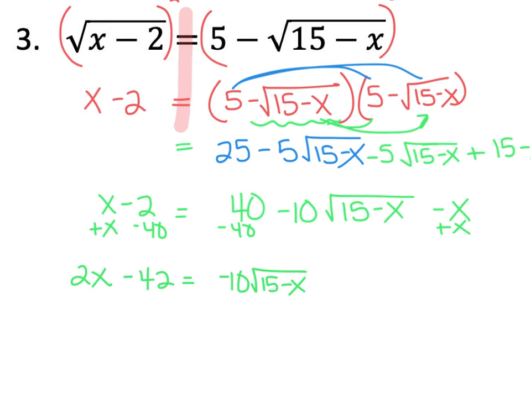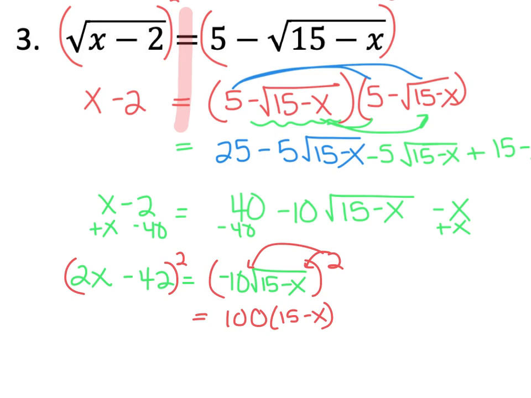Okay, so I have the radicand on the right isolated, so what I'm going to do is I'm now going to square both sides once again. So the second time I'm squaring both sides. And this would produce on the right, this is all held by multiplication, so it's like I'm squaring negative 10 and I'm squaring the radicand, which would produce positive 100 times 15 minus x.